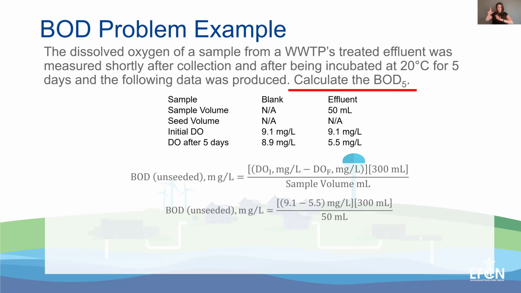We keep that 300 milliliters as the top half of the fraction. And on the bottom, where we have sample volume, this would be our 50 milliliters, which is also given in our data set. This is important to make sure that it's taking into account the dilution of our sample. If we calculate that in our calculator, we would get 21.6 milligrams per liter.